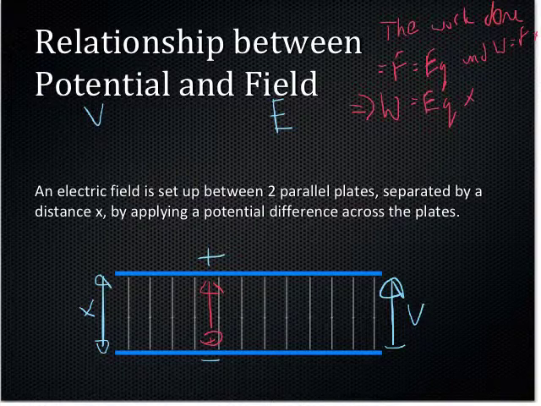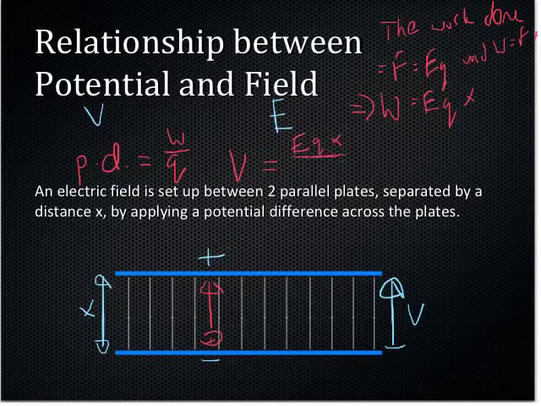We also know that PD, potential difference, is equal to work per unit charge. So we could say that V equals EQx, which is our work, divided by Q, our charge, and that means we get V equals Ex.